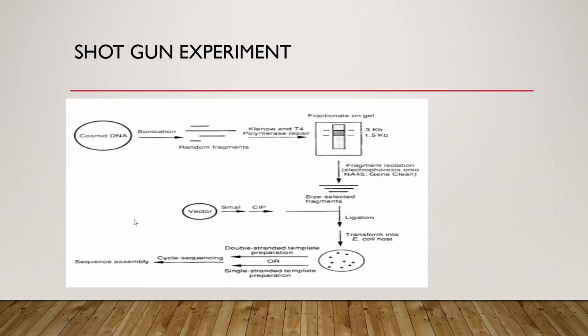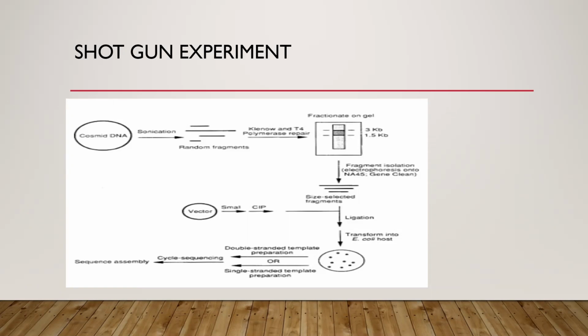Okay. Next, why is it named the shotgun experiment? In genetics, shotgun sequencing is a method used for sequencing random DNA strands, random fragments. It is named by analogy with the rapidly expanding, quasi-random short grouping of a shotgun.